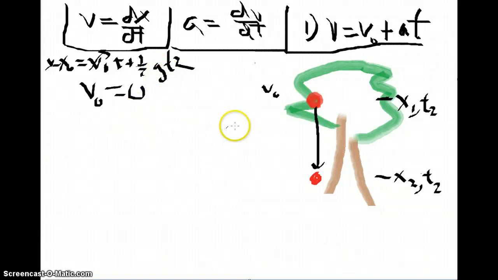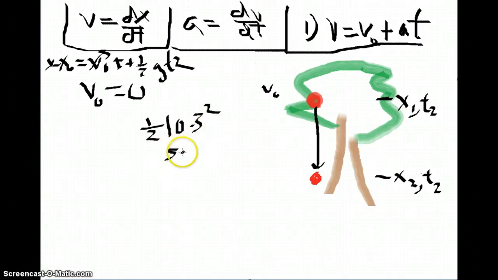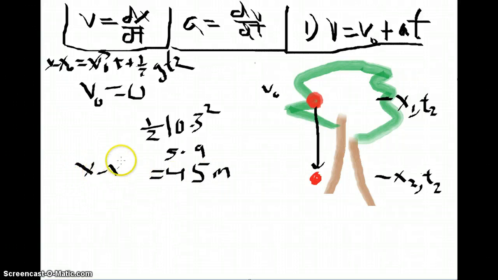So if we let the apple fall for 3 seconds, then 1/2 times 10 meters per second squared for gravity times 3 seconds squared is equal to 5 times 9 equals 45 meters. So this would have to be a very tall apple tree if it really took 3 seconds to hit the ground.